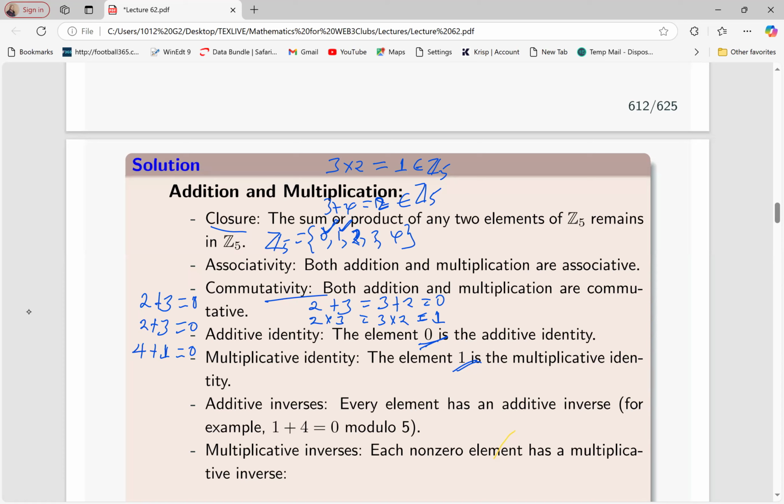The inverse of 1 is 4. So every element has an inverse under addition. 2 has an inverse of 3, 3 has an inverse of 2, 4 has an inverse of 1, and 1 has an inverse of 4. What about under multiplication? What is the inverse of 2? The inverse of 2 will be 3, because this will give us 1. And that means the inverse of 3 is 2.